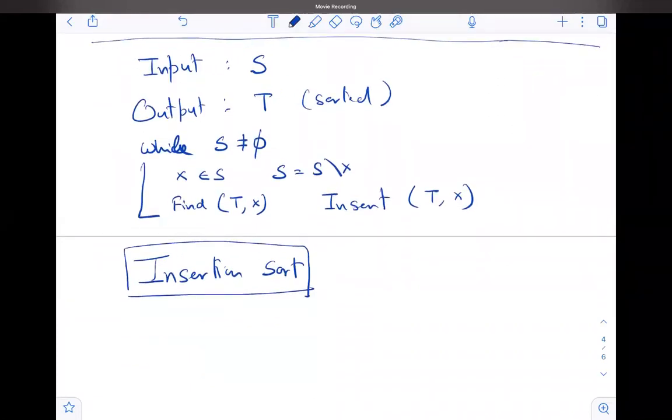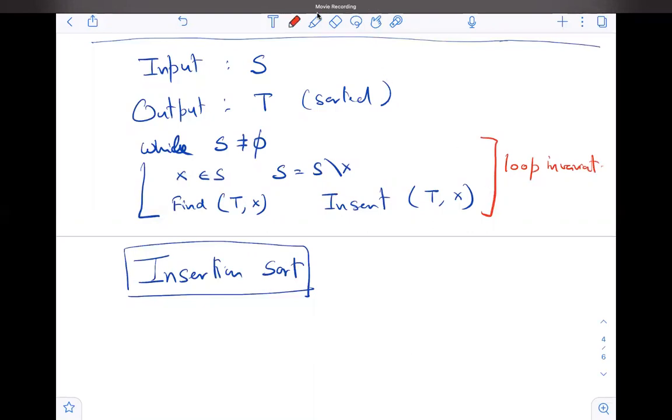Okay, so formally speaking, there is something in the proof video that was uploaded, usually called a loop invariant. You want to say that the loop maintains some property. Here, the loop invariant says that T is always sorted.